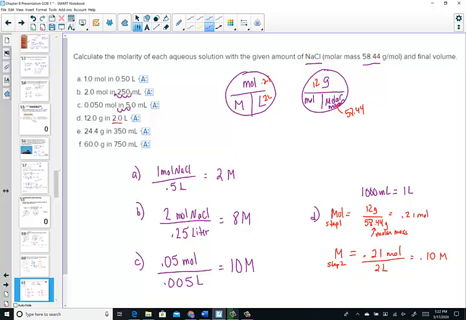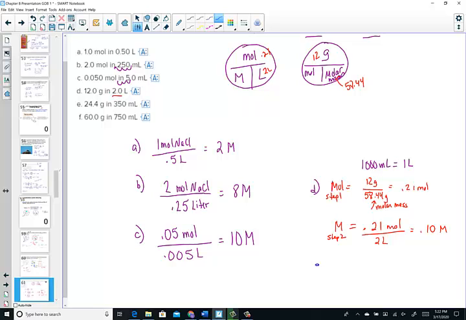How about letter E? Give myself some room. 24.4 grams divided by the molar mass of 58.44 is going to give us moles. 24.4 over 58.44 is 0.4175. I'll put that as 2 decimals or 2 sig figs.